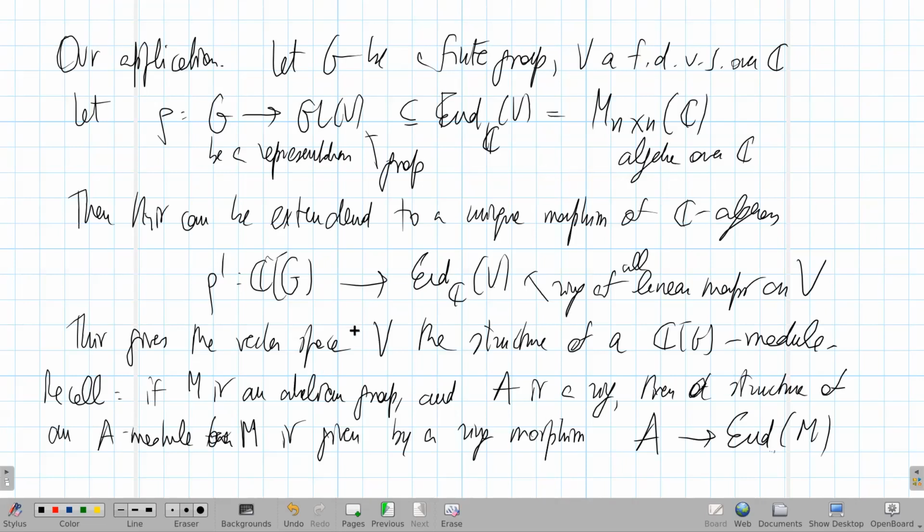And so, if I do it with C algebras, which is slightly more general than the ring, this gives to this vector space the structure of a module over CG. And so we see that if we have a representation of G, then we get a structure of a CG module over V. I'll be explicit in a second.